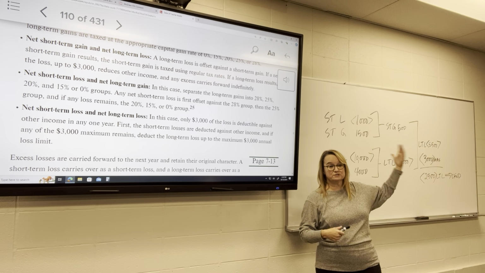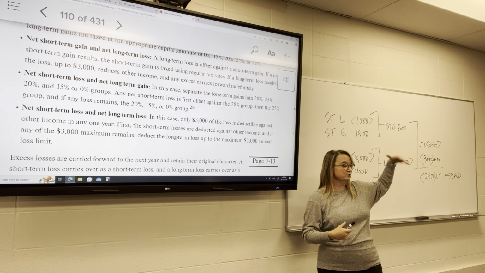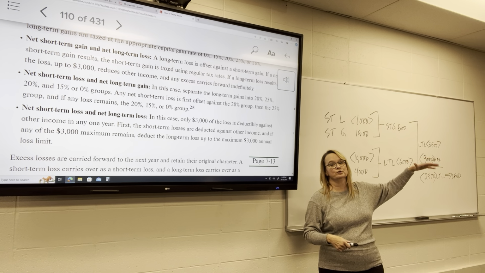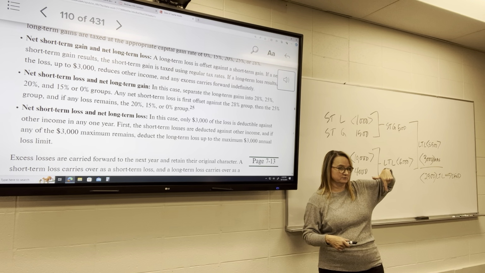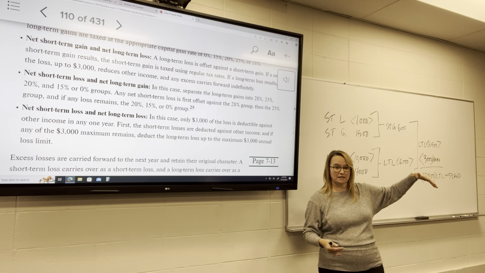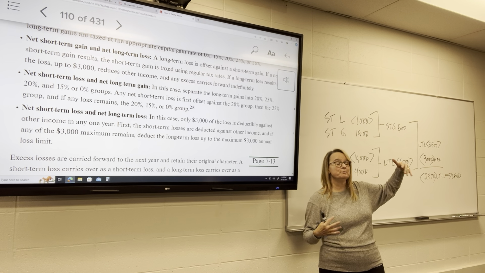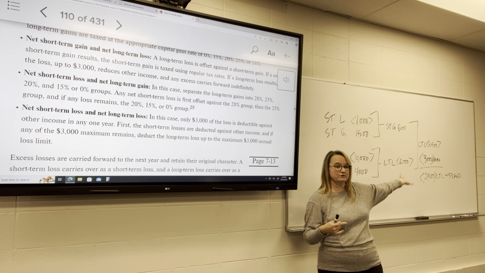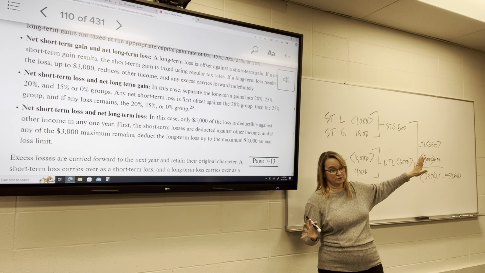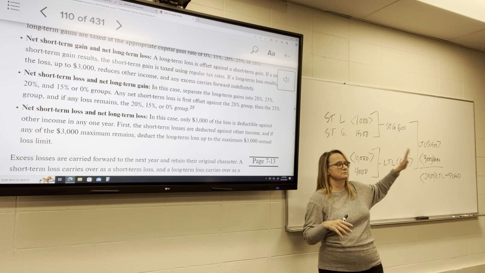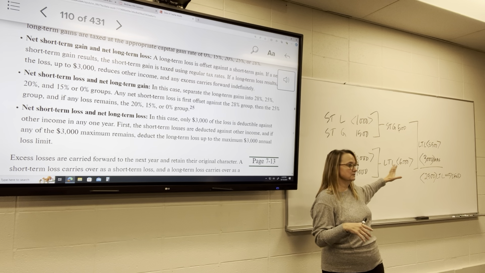So that's another reason why, when you're preparing tax returns, you always have to look at the prior year's tax returns to see what happened, especially if you didn't prepare that tax return. If you prepared the tax return, this kind of stuff carries forward in the software. You always should double check it, but it's there.